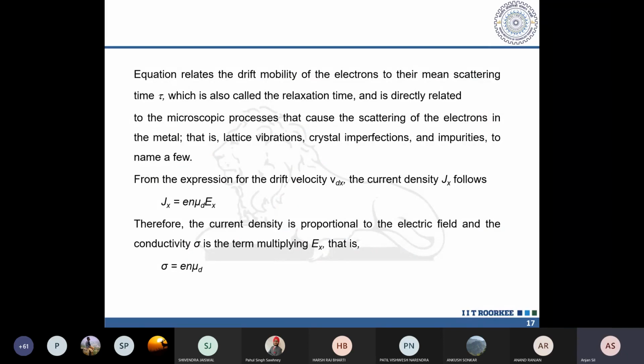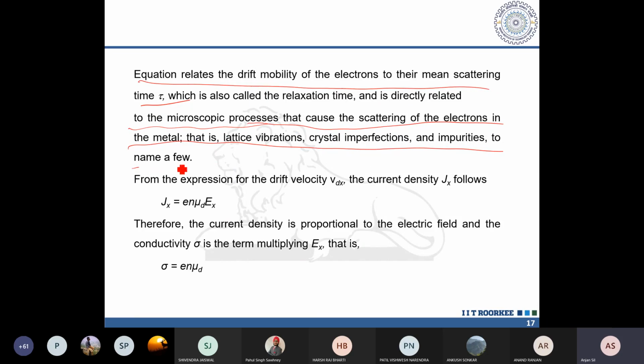So the equation relates the drift mobility of the electrons to their mean scattering time. Drift mobility is connected to scattering time, or mean collision time, whatever. There is a connectivity written here, and it is directly related to the microscopic processes that cause the scattering of electrons in the metal.